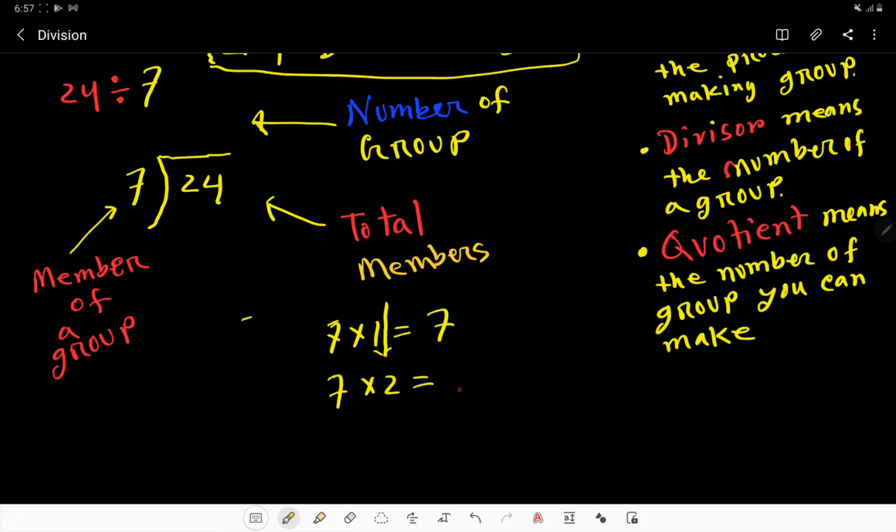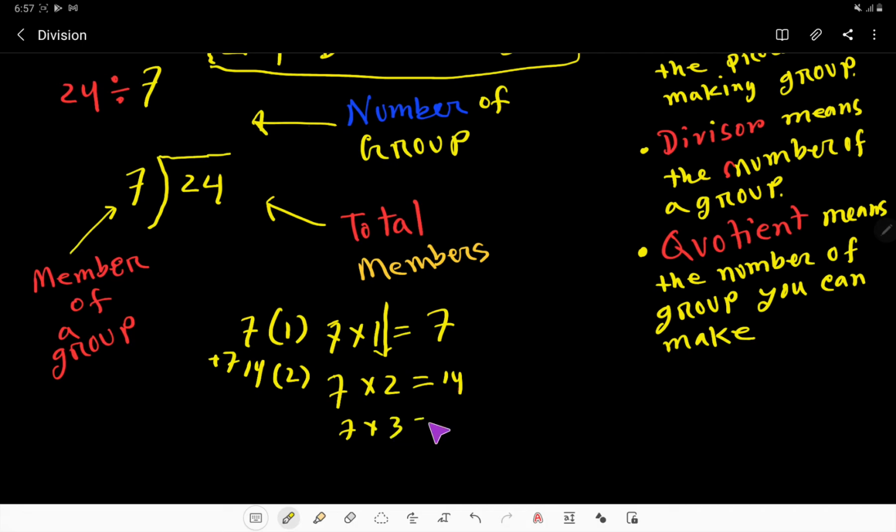Look, 7 times 1 gives us 7. So for 7 times 2, we just need to add 7 to this 7, that is 14. So 7 times 2 is 14.